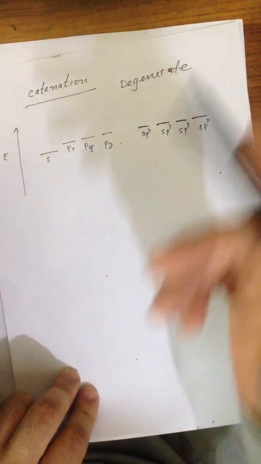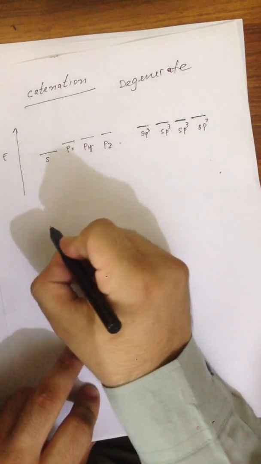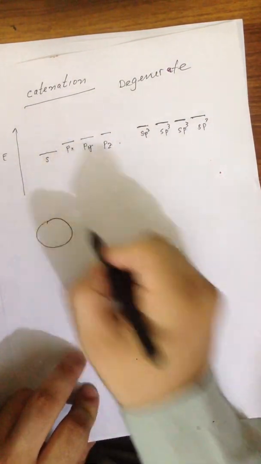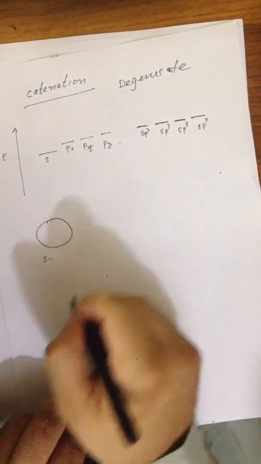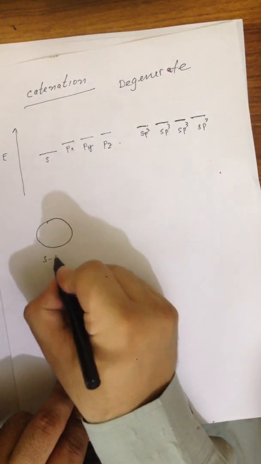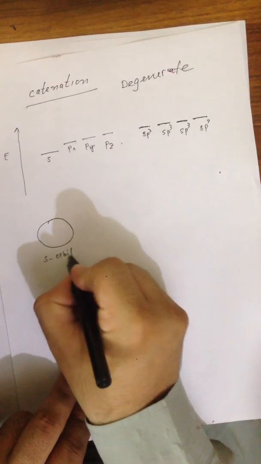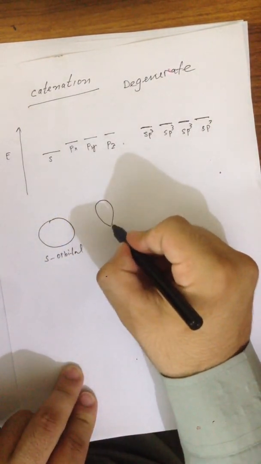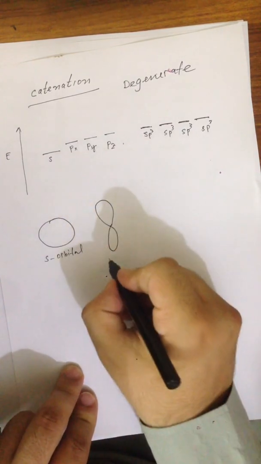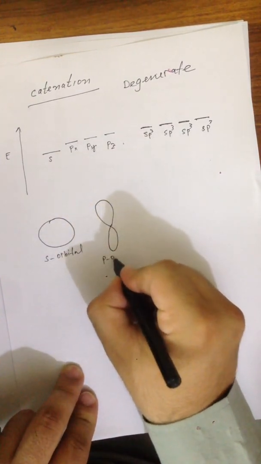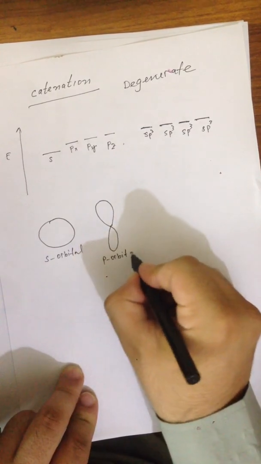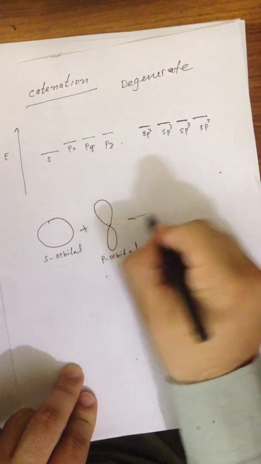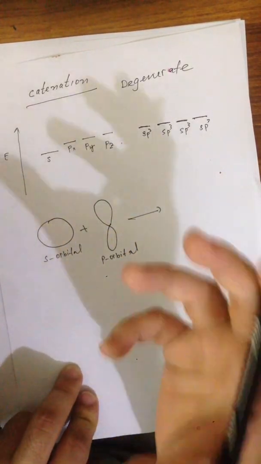For example, as you already know, the s orbital is spherical. This is the s orbital. And the p orbital is dumbbell shaped. This is the p orbital. Now if you mix them together, you will get a hybrid orbital.